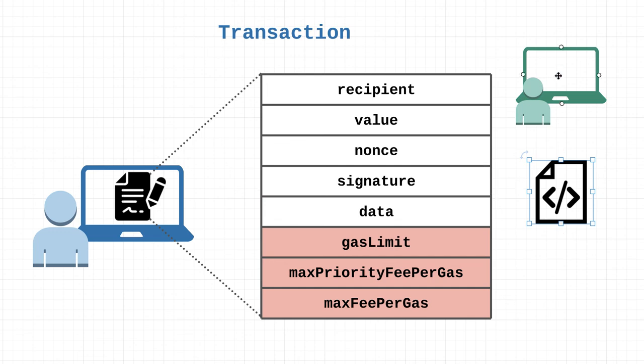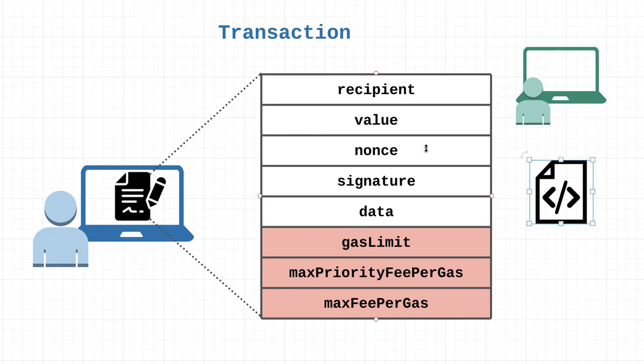Now, whenever the recipient is another EOA, then what that means is that the transaction itself is simply a transfer of value from one account to another account. Now, when the recipient is a contract account, that transaction is going to trigger the code in this contract to run or execute. Now, the value field in a transaction, you can probably guess, is just the amount of Ether that you want to send to the recipient. And the recipient in this case can be both the EOA or a smart contract.